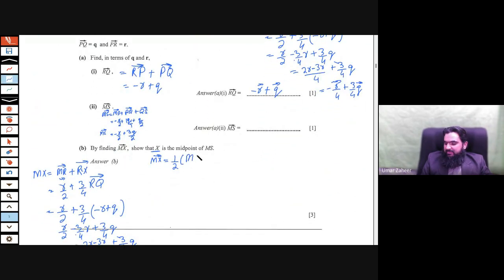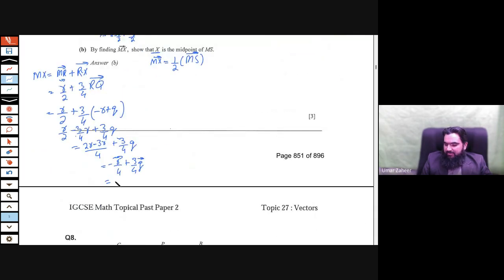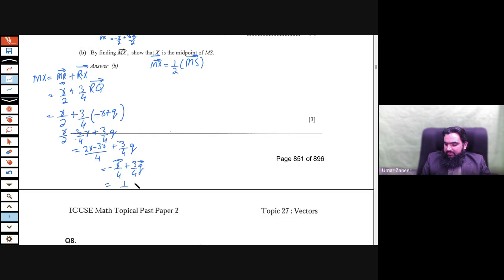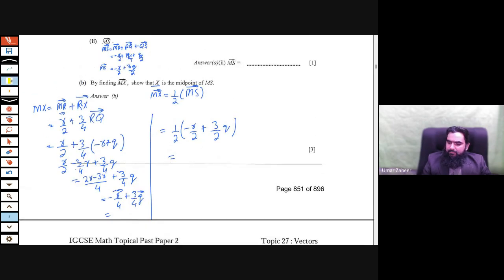Half of MS. This is the thing that we have to be sure of. So we have to take 1 by 2 as common. You will get minus R over 2 plus 3 over 2Q, and this is exactly equal to MS. So that will be equal to 1 divided by 2 into MS.